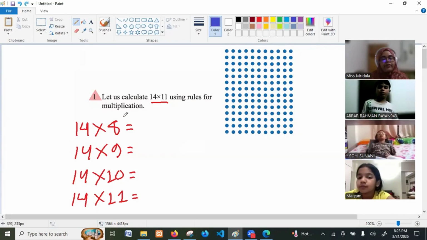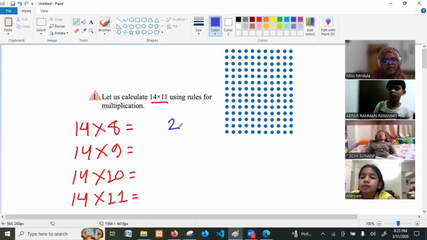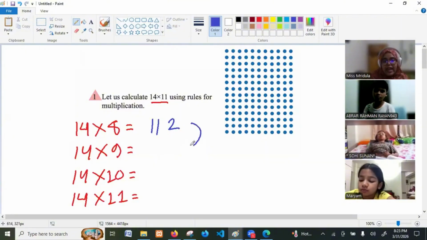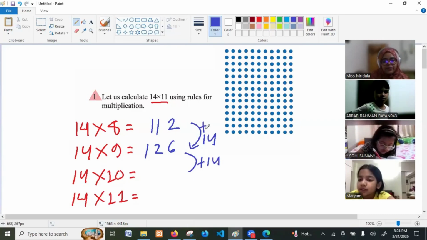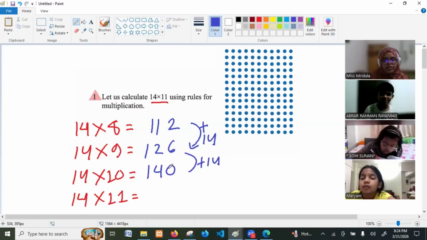If we find out the very first one, for the next ones we don't have to do the multiplication, right? So 4 8s are 32. We will have 3. 8 ones are 8. 112. We can simply add 14 to it to find the next number, which is going to be 126. Yes. Again, we can just add 14 and we get 140.